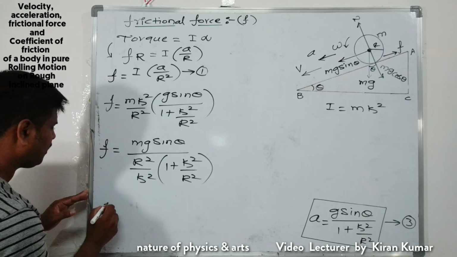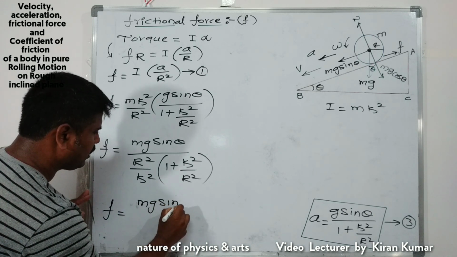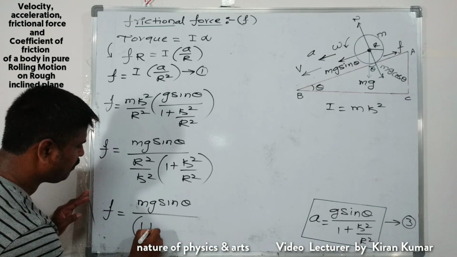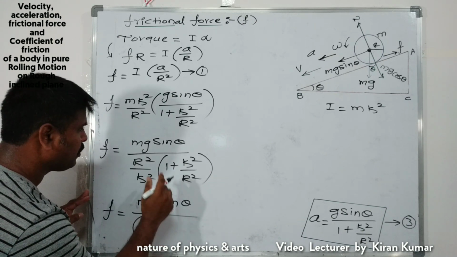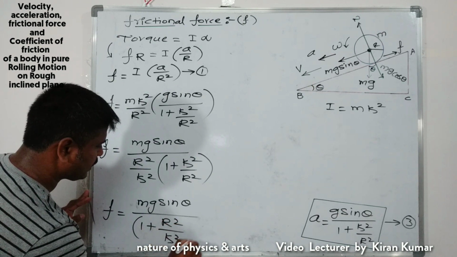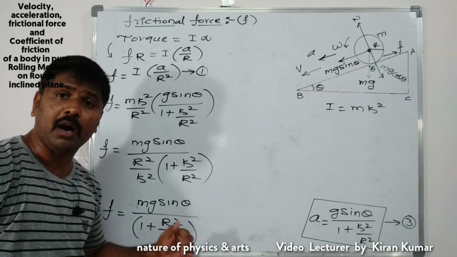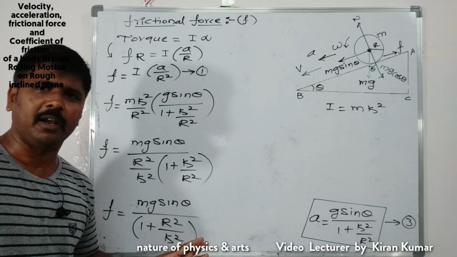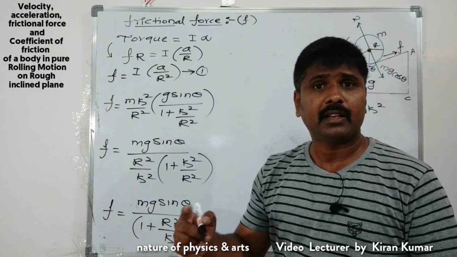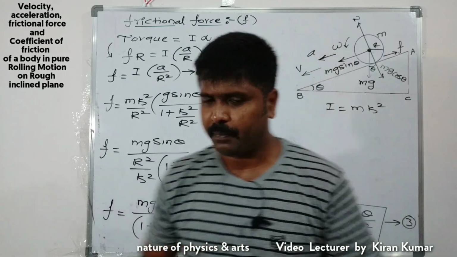So the frictional force F is equal to mg sin theta divided by 1 plus r square divided by k square, or we can write r square divided by k square plus 1. Anyhow, the result is the same. This is the equation for the frictional force.